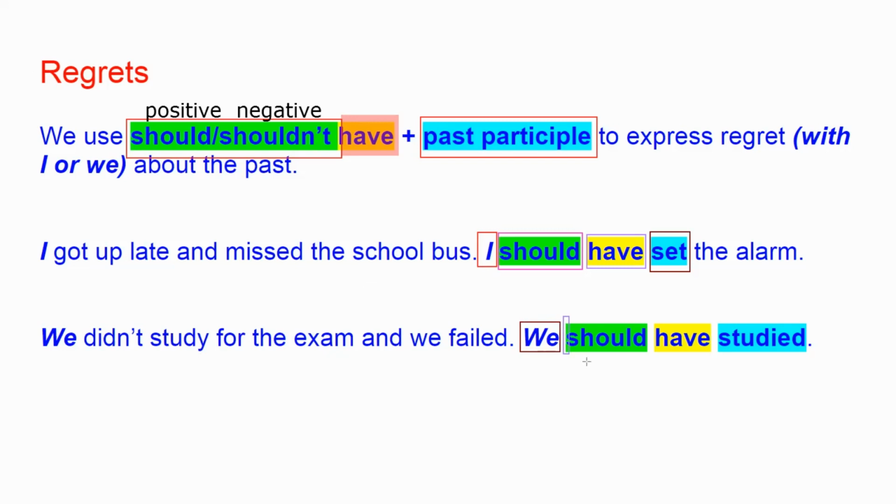El should. And the verb have. And at the end tenemos el participio studied. Y studied viene siendo el participio del verbo study. Right? So keep that in mind.